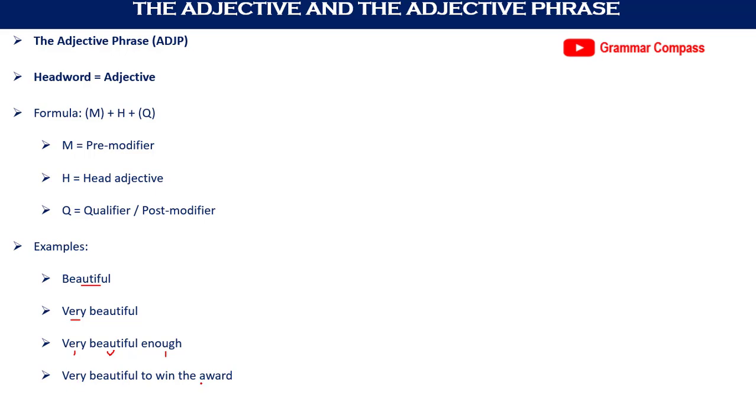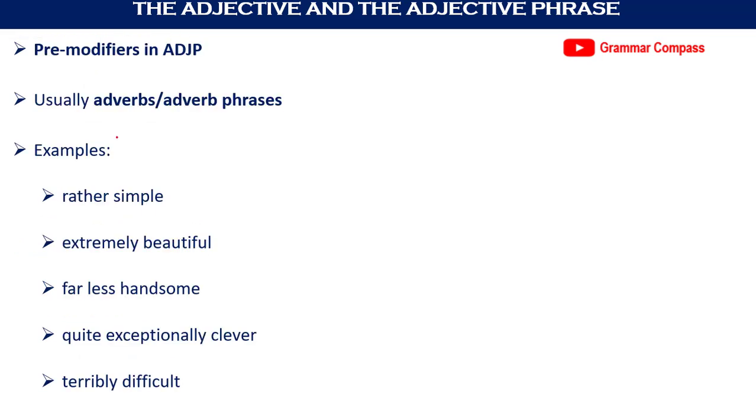To win the award is also a post-modifier or a qualifier, whilst the head word is beautiful. So in an adjective phrase, the head word is always mandatory. You cannot have an adjective phrase without an adjective. The modifiers and the qualifiers are optional, just as we saw in the noun phrase.